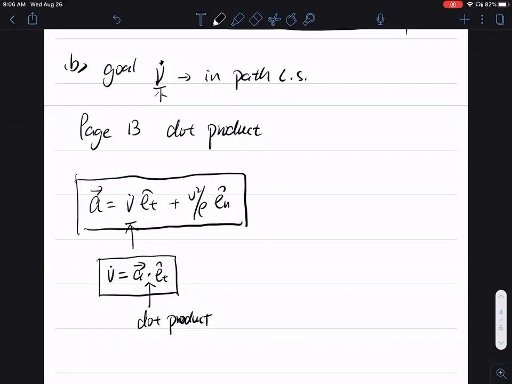So we can use this method to find V dot. Another problem: what is e_t? We don't really know the expression or the direction for e_t. So our next job is to find e_t, and then we can figure out V dot.